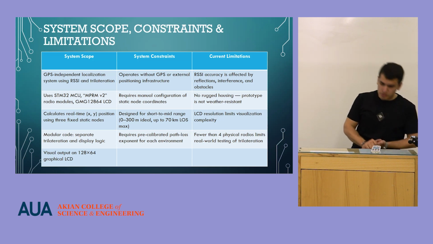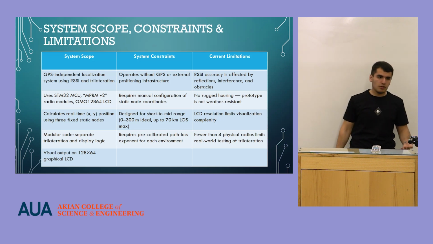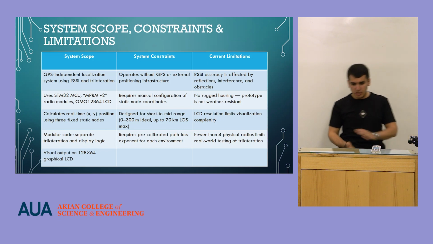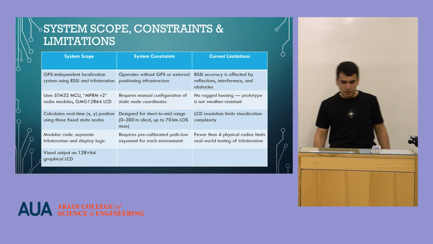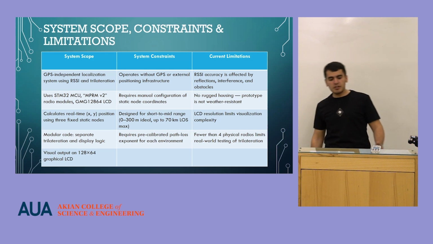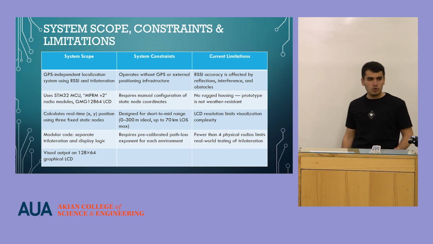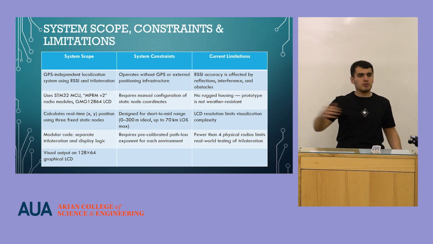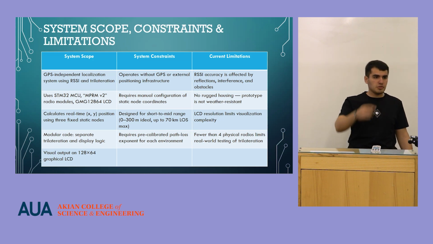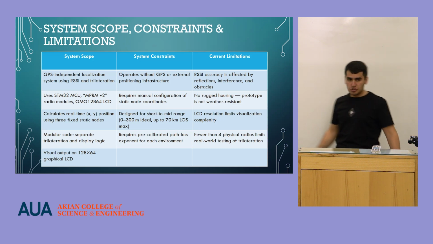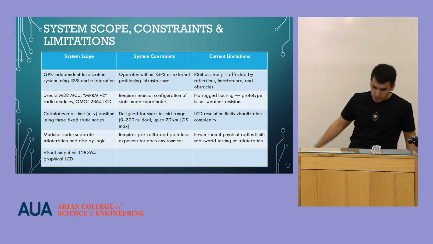Some system constraints. It operates in places where GPS is not working or there is no external positioning infrastructure. It requires manual configuration of static node coordinates. So in the place where we are going to do our tree iteration, we should already know the exact coordinates and distances of our static nodes.